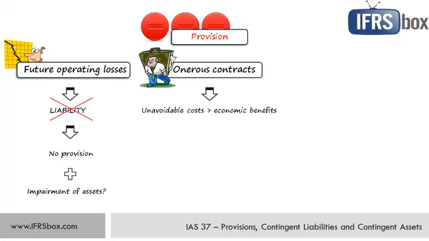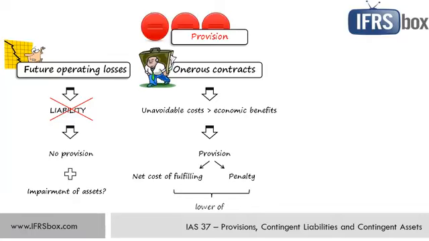If a company identifies that a certain contract is onerous, provision must be made in the amount of unavoidable costs of fulfilling it. And unavoidable costs can be either the net cost of fulfilling the contract, that means cost less some income from the contract, or the penalty from non-fulfilling the contract, whichever is lower. Of course, you would also look at any impairment test.